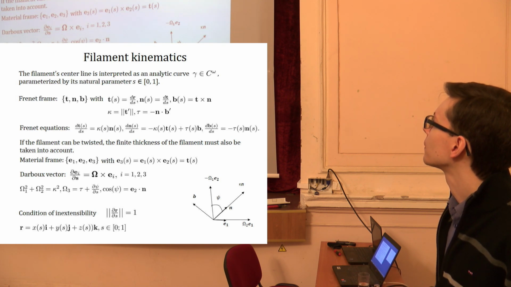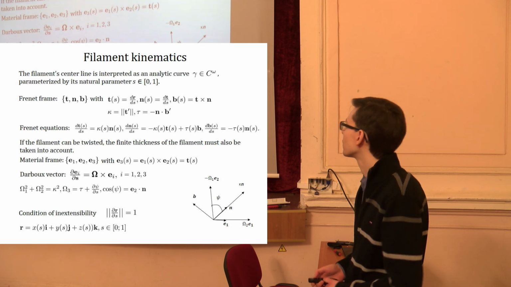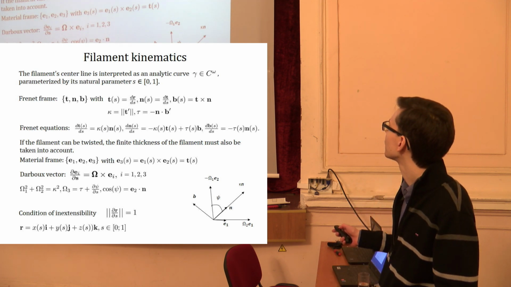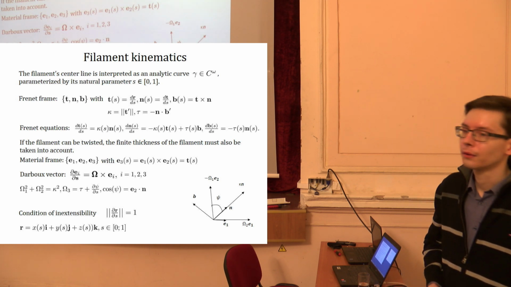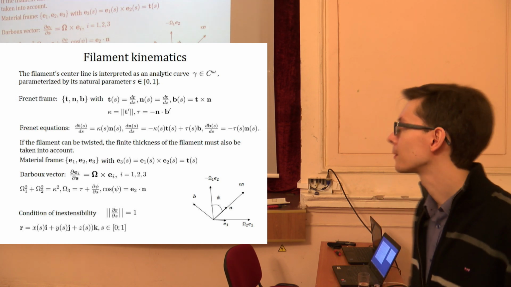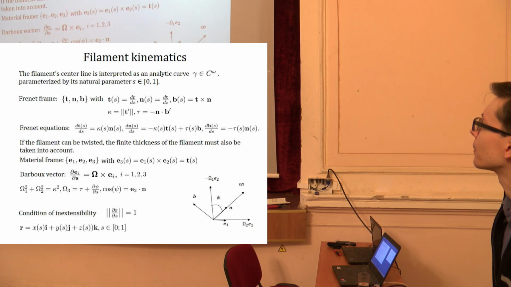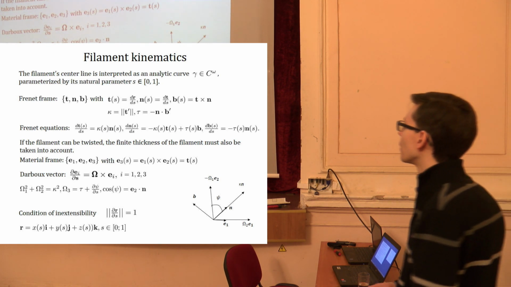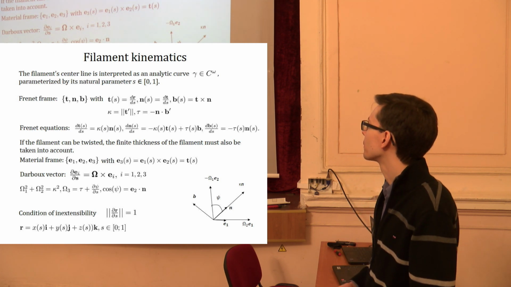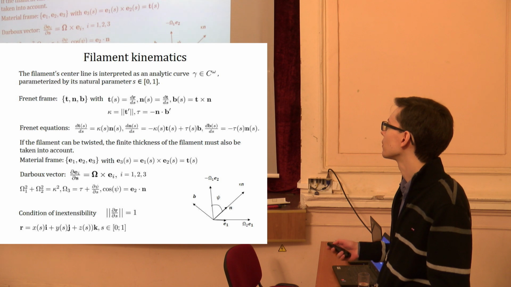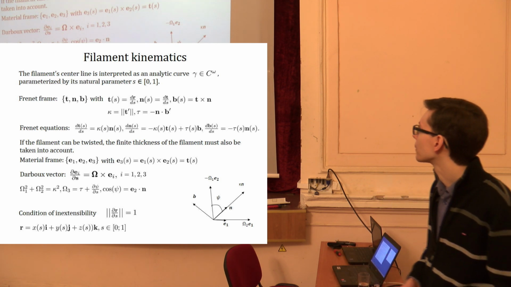We can relate that to the curvature and torsion and the so-called twist angle psi that I've tried to illustrate here, that simply describes the deviation of this newly introduced material basis vector from the Frenet normal vector, which is caused by the fact that the filament is of finite thickness after all. And in addition to all of this, we typically impose the condition of inextensibility, which simply states that the filament conserves its total length.